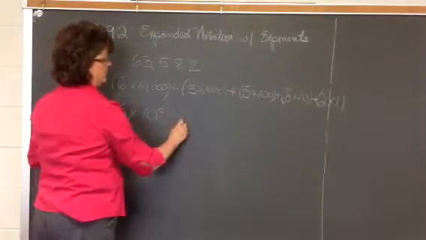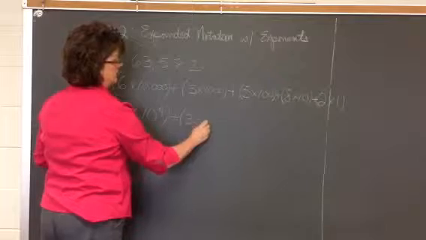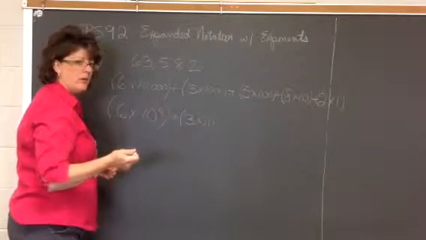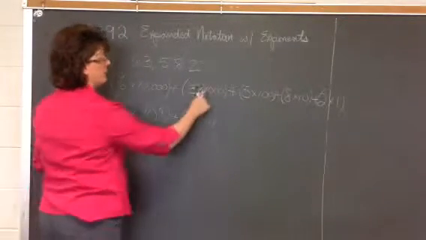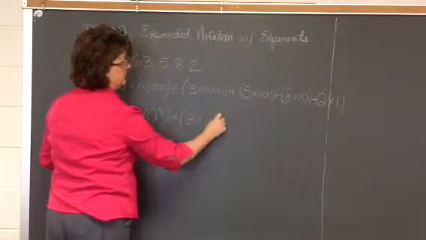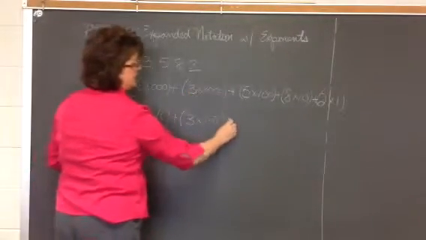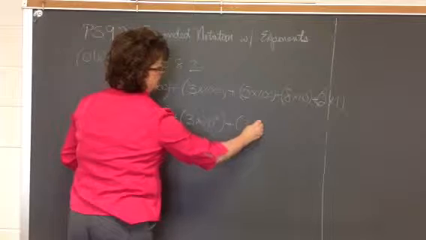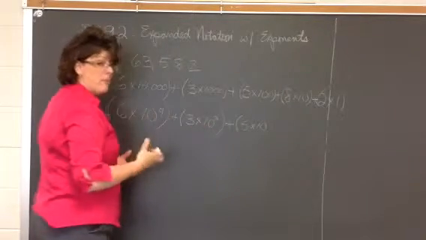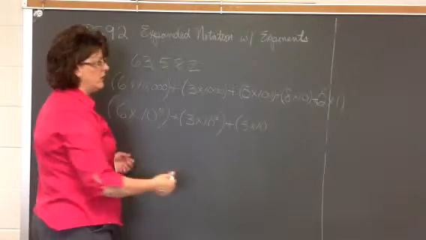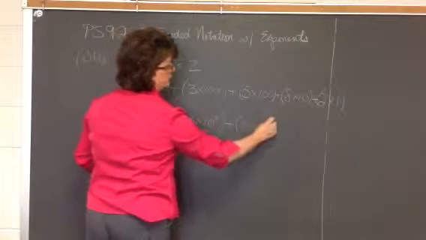So, I'll pause here. 3 times 10, think about what power? That's right, count the zeros. 1, 2, 3. 10 to the 3rd power. 5 times 10, what power? Well, 10 squared is 100, or count the zeros. 2.